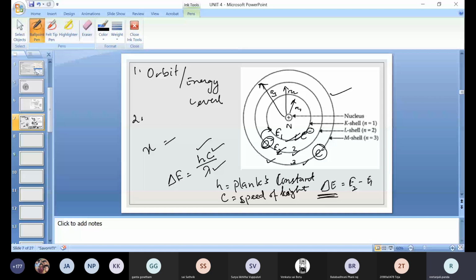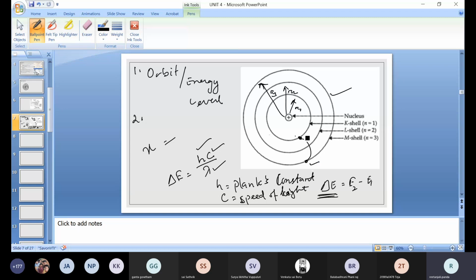Initial and final state means where the electron was present initially and where it is present finally. For example, let us consider one electron moving from this point to this point. That means this is the initial state and this is the final state. From the initial to the final state it changes its position. That is what the third postulate is telling us.